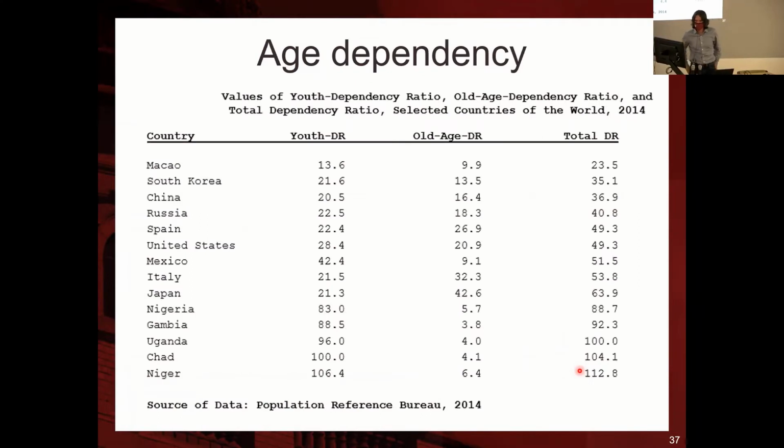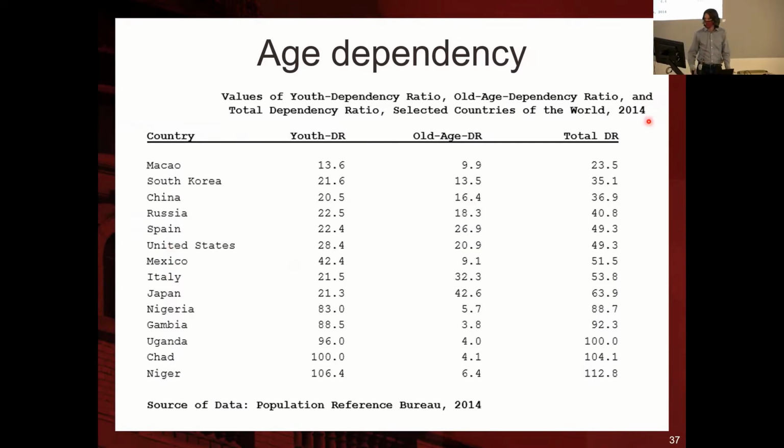And this one is an example where we are calculating the youth dependency ratio, the old age dependency ratio, and the total dependency ratio, one for each one of these countries in 2014.